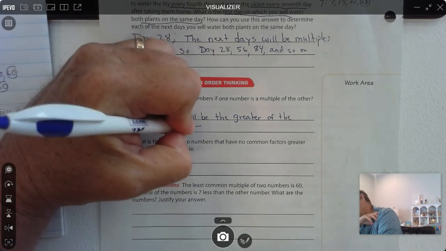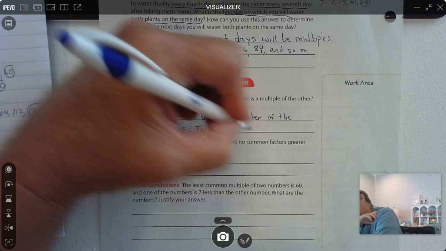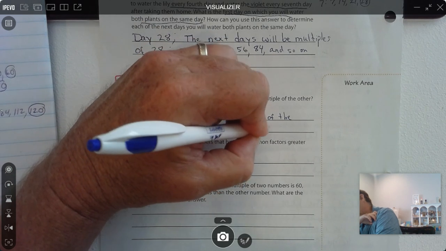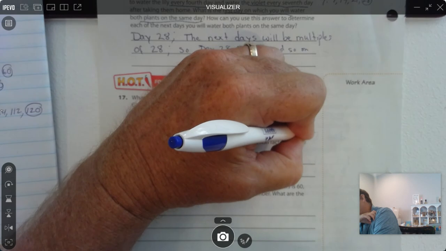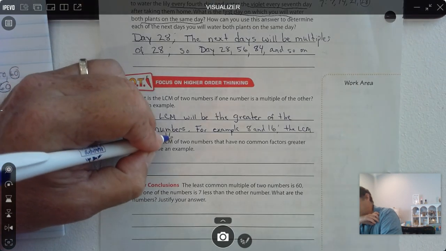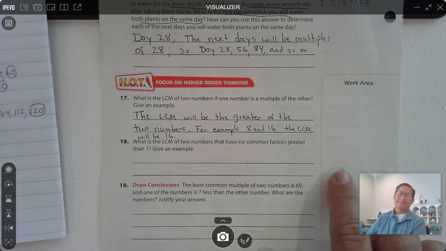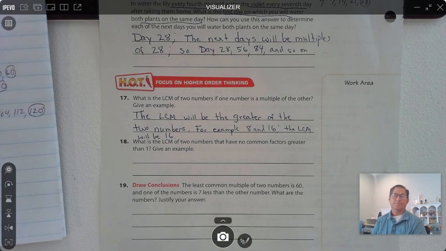Okay, so for example, 8 and 16. The LCM will be 16. 16 is a multiple of 8, so the least common multiple will be 16.